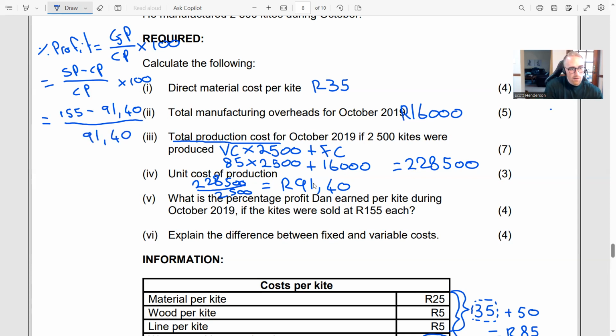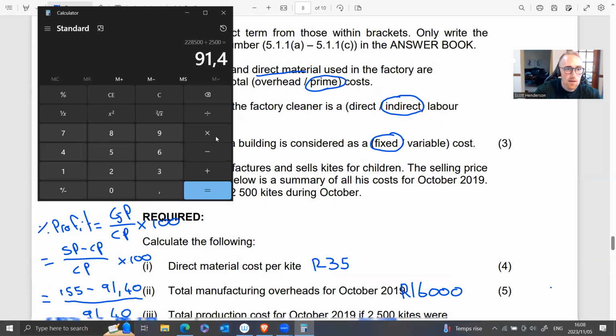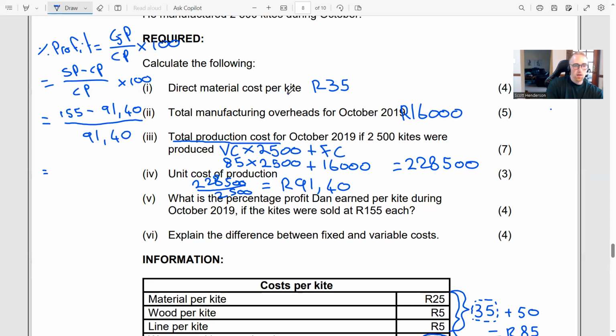So 155 minus 91 Rand and 40 cents. Let's just do that here. 155 minus 91 Rand and 40 cents is 63 Rand 60 cents. So we've got 63 Rand and 60 cents divided by 91 Rand 40 cents times by 100 because we need a percentage.